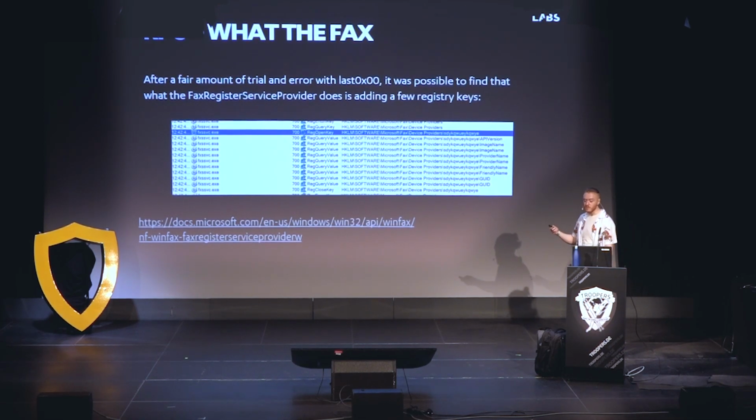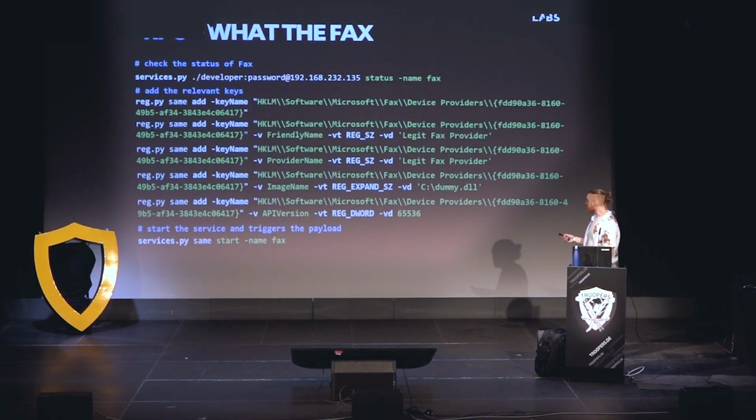So you can basically coerce the fax service to load an arbitrary DLL that can be unsigned or whatever. Sorry for the huge code screen, but this is the implementation using the Impacket framework. The first command here is just for checking the status of fax. As I said, it's installed on most Windows 10 workstations, but it might not be the case.